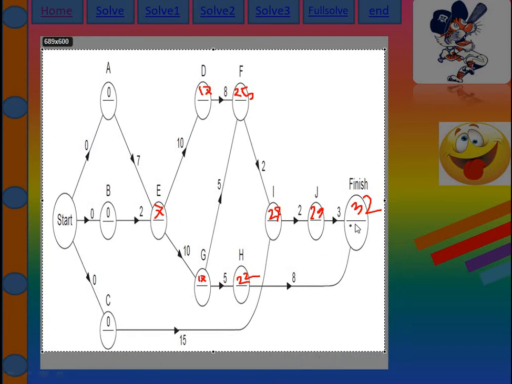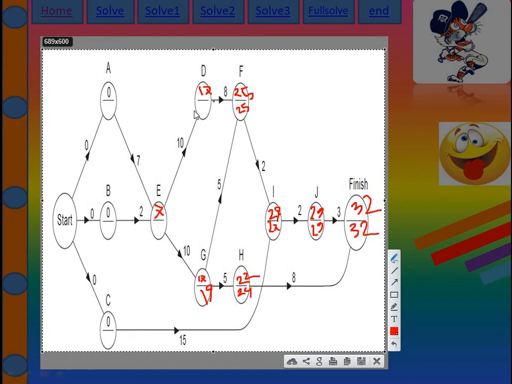For the backward pass, now I count the lowest value, not the highest. So first 32 at the finish, and then 32 minus 3 is 29, then 32 minus 8 is 24, and 29 minus 2 is 27, then 27 minus 2 is 25. Then I see that 24 minus 5 is 19, and 25 minus 5 is 20, but I take the smaller value, so I write 19, not 20.